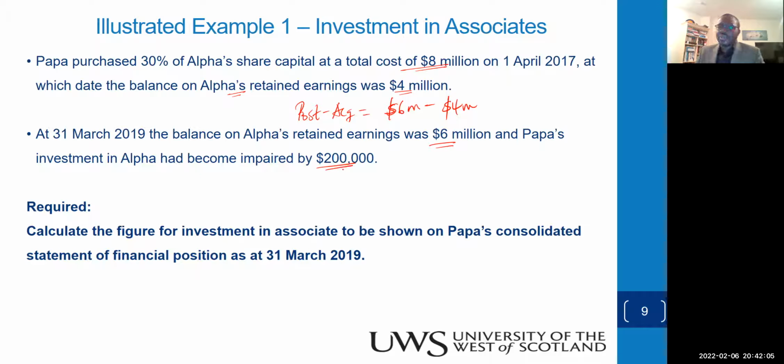Everything is knocked off. So I know the cost, and I know what I'm supposed to gain over here, 30% of my post-acquisition, and then I take off any impairment. There's no PUP here. I don't see any intercompany trading here, so I will not worry my head.